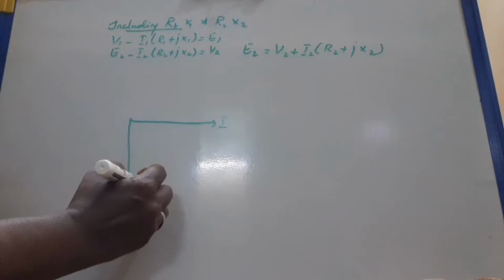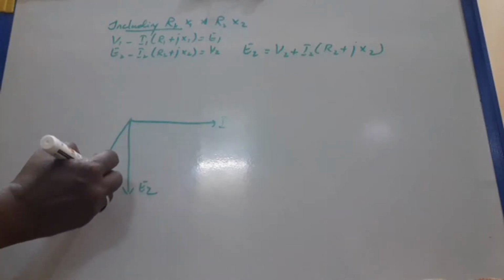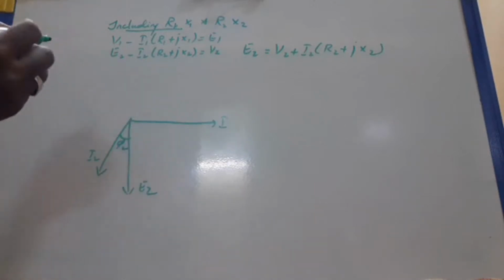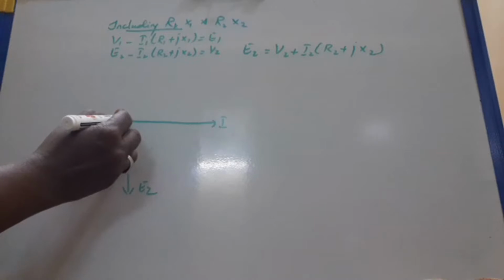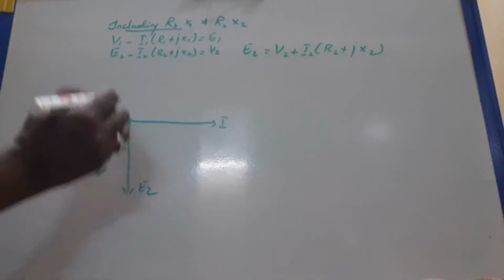On the secondary side, E2 will be the induced EMF, and I2 lags by an angle phi 2. So if it is a resistive load, E2, I2 and V2 are in phase with each other.